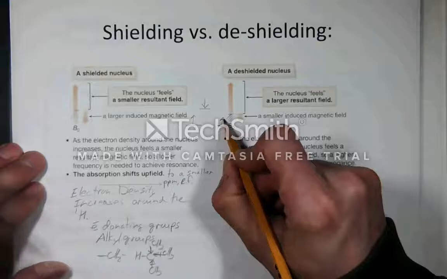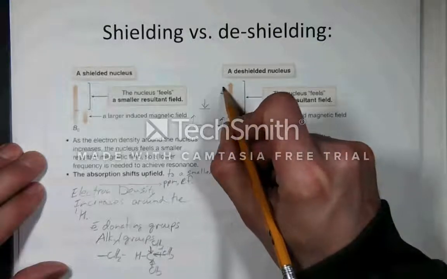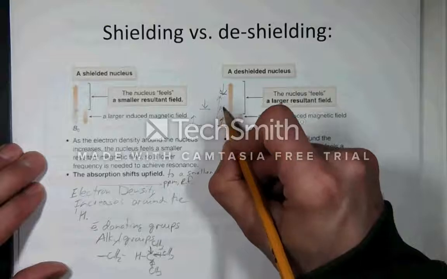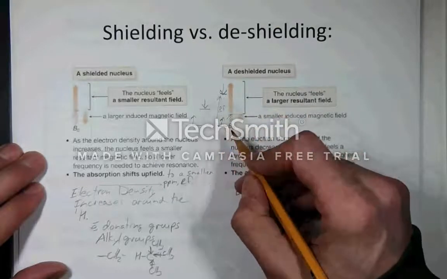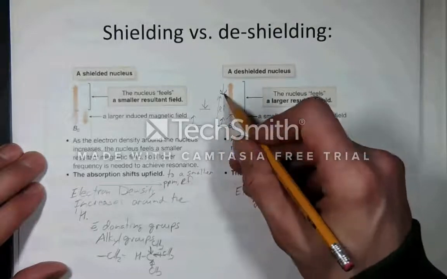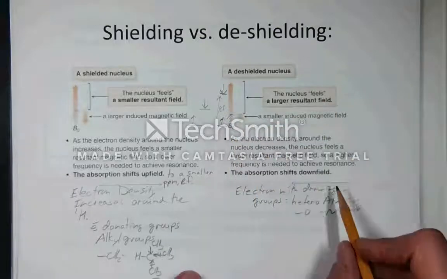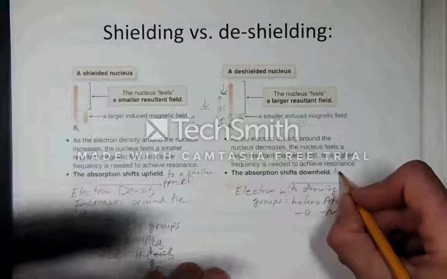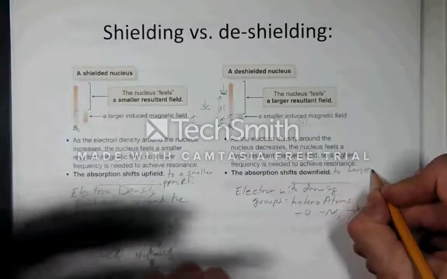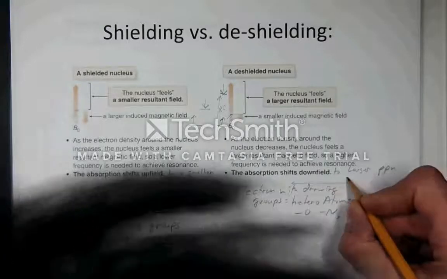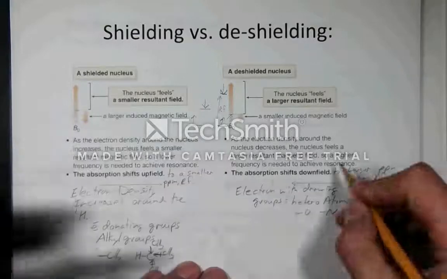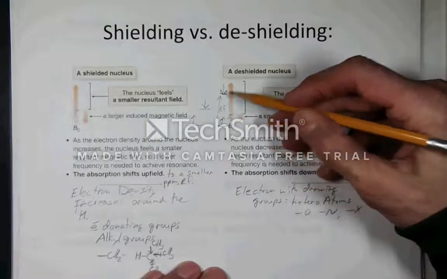So this means that the two spin states are farther apart. We have a larger radio frequency that is required to flip that nuclei. This means the signal shifts downfield to larger ppm, larger energy, a larger radio frequency corresponding to the difference in these two spin states.